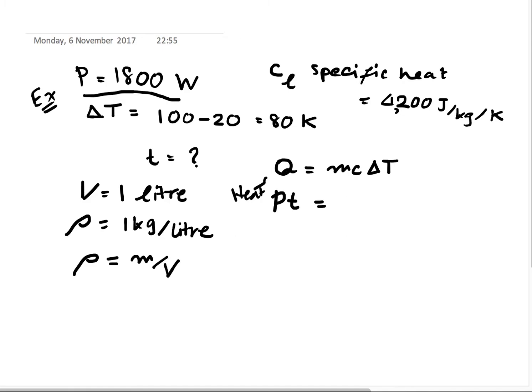So mass then can be written as rho V, and then times the C, and then times the delta T. So this is all we get from the question. We have P, we have rho, we have V, we have C, and we have the delta T, so that you will be able to find the time. Okay.